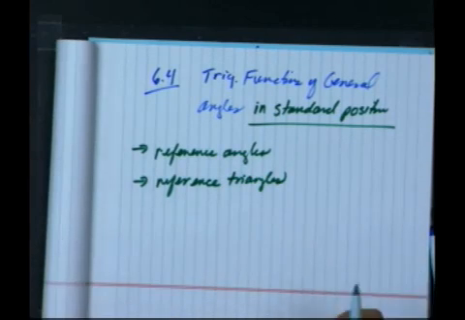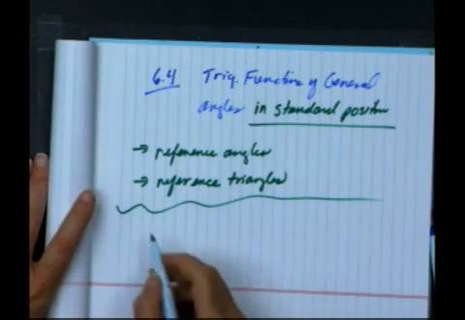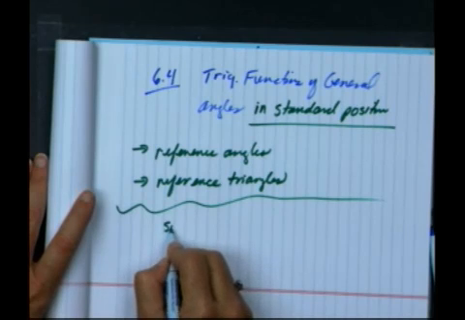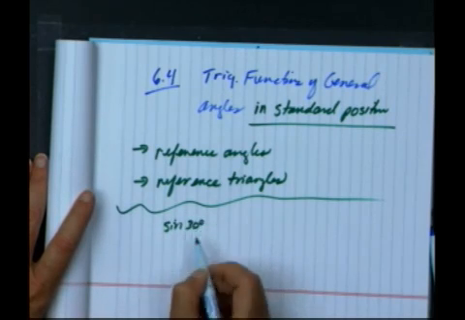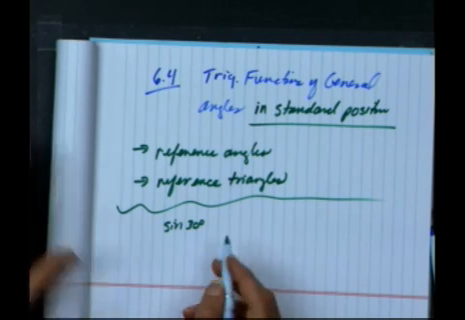All right, before we start, we're going to just have a little fun with our calculator. We're going to look at the sine of 30 degrees. You already know what the sine of 30 degrees is. Say it fast. 1/2. Thank you.